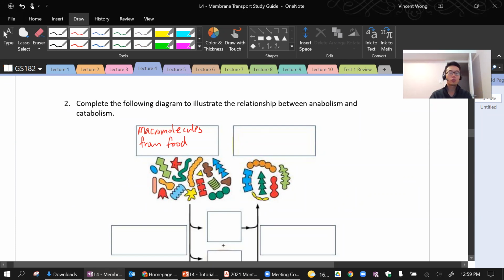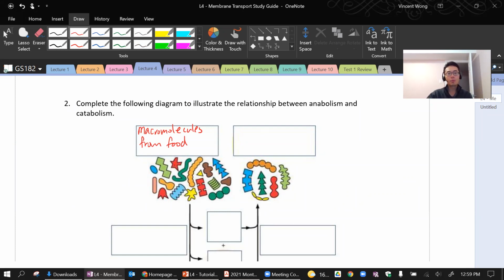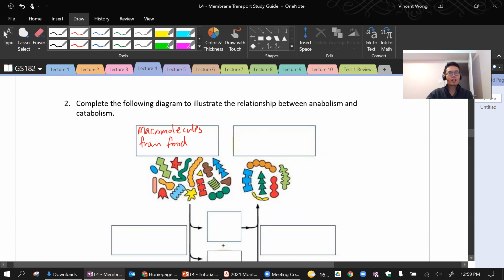Let's say you ate a burger. You will get some carbohydrates from the bun, some proteins and lipids from the meat, and maybe some carbohydrates from the vegetables. And maybe the ketchup is sugary, so you would get some carbohydrates there.